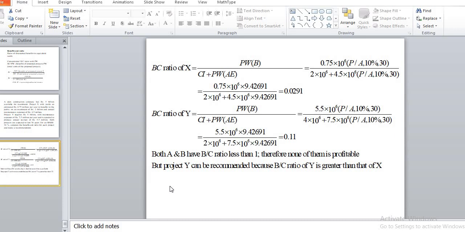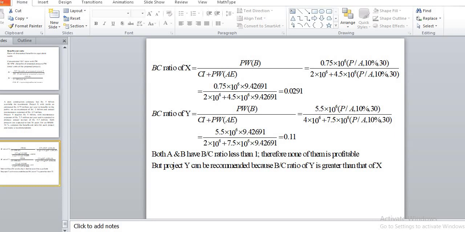Up to this topic we are discussing only one project, whether it is economical or not. But in the next topic we discuss a number of projects, and from that number of projects, which project is economical. We compare these particular projects and conclude which alternative is suitable.